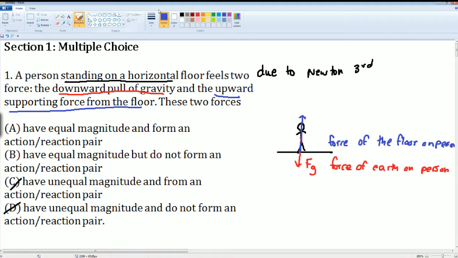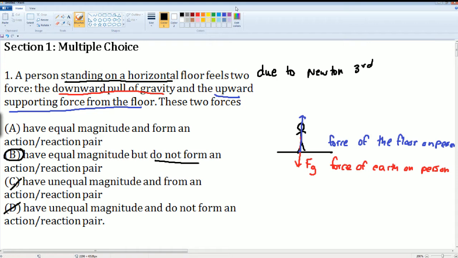So here you would notice that these two are not an action reaction pair. So the answer here is B.